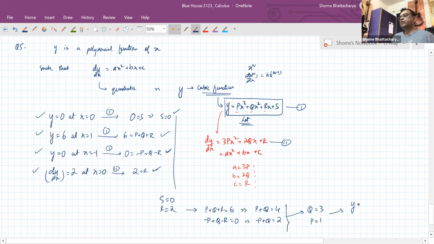So that means y is equal to x cube plus 3x square plus 2x, okay, and dy by dx is 3x square plus 6x plus 2. So from this a is equal to 3, b is equal to 6, and c is equal to 2. So these are the final solutions that we get.